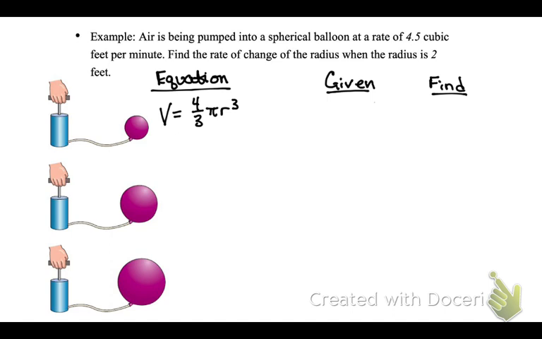Yeah, no, not even. It's a circle. It should have pi. Okay, so given what? What do I know? We're given that dV/dt equals 4.5 feet cubed per minute.